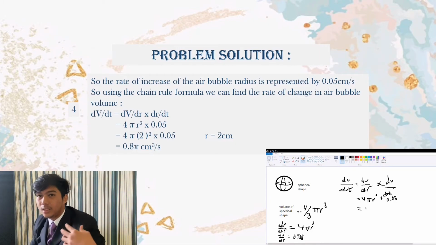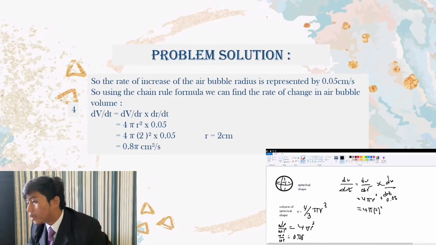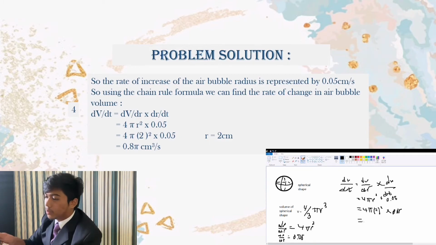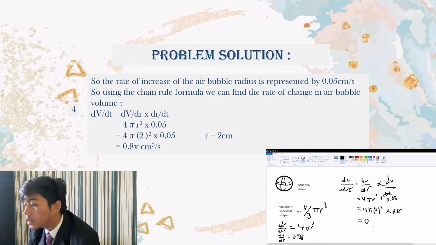So we substitute the r value: 4 pi times 2 squared times 0.05, which gives 0.8 pi centimeter cubed per second. Okay, that is the last answer.